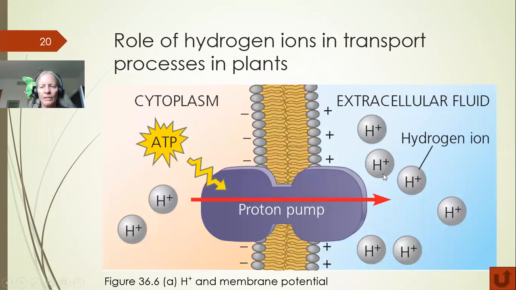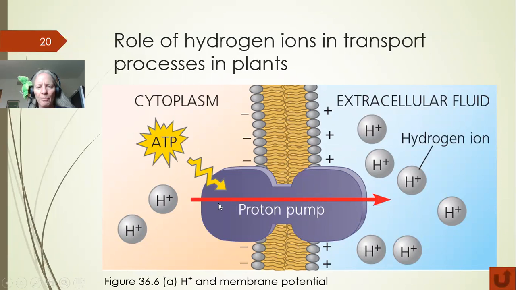Now, let's talk specifically about how plant cells use active transport of hydrogen to drive a bunch of different transport processes in their cells. So here we see what we call a proton pump. This is a proton pump embedded in the membrane, the phospholipid bilayer here.